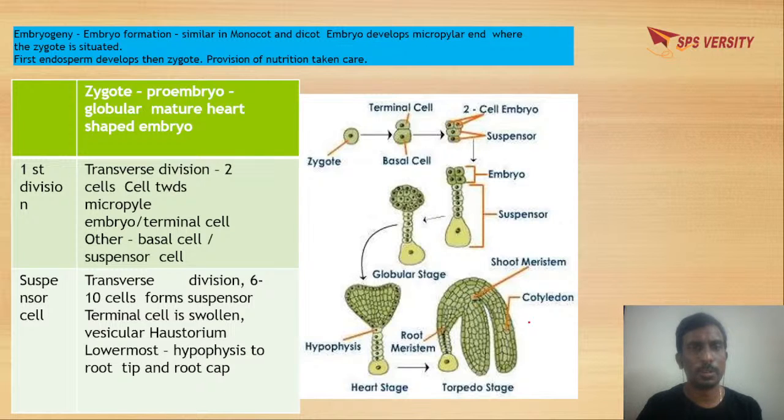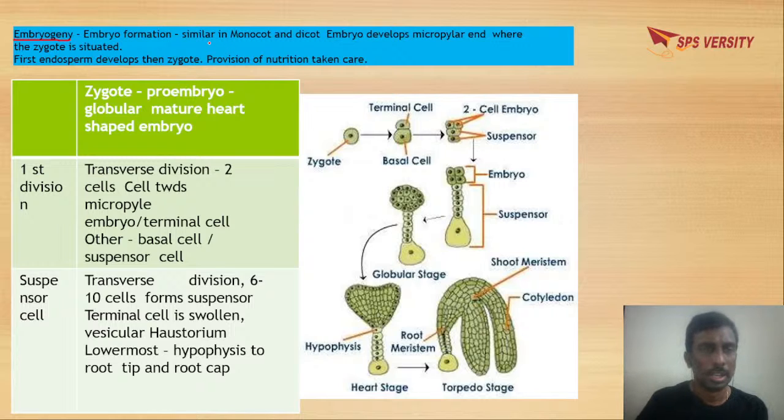So now endosperm development has started. Endosperm is formed, so it can provide nutrition to the embryo. After formation of a little amount of endosperm, we can see embryogeny, that is embryo development.